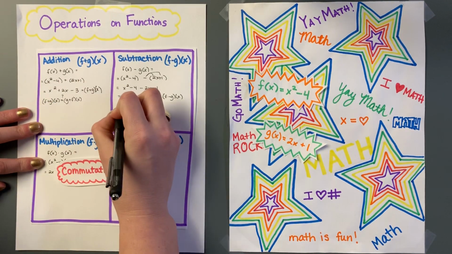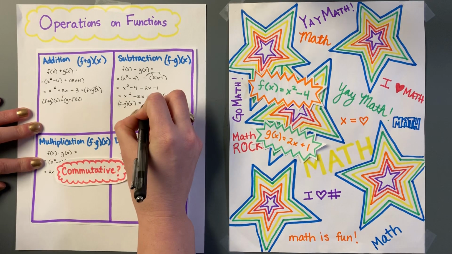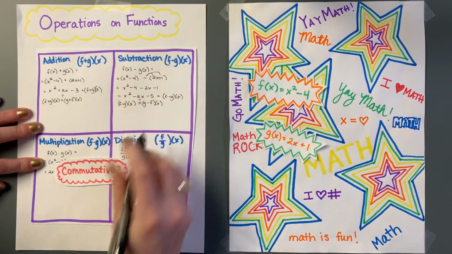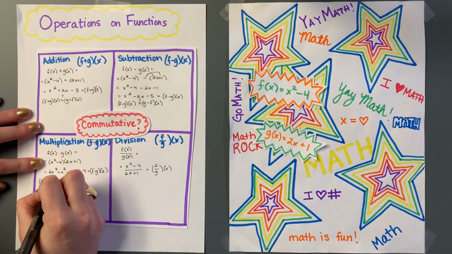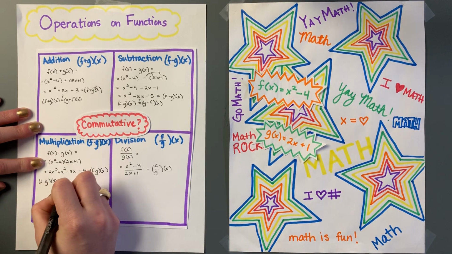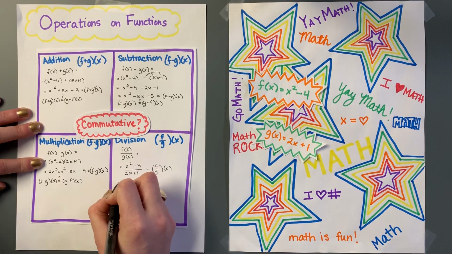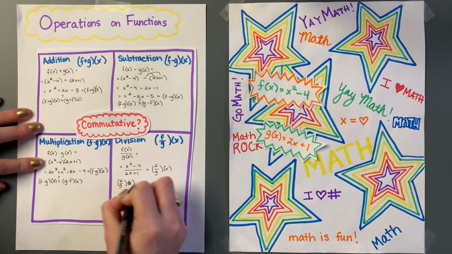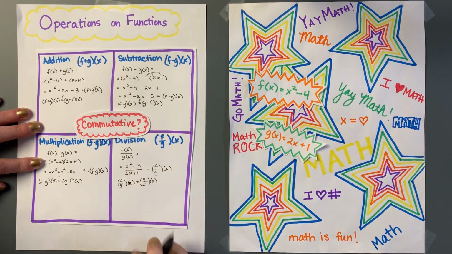Is f minus g of x equal to g minus f of x? Is f times g of x equal to g times f of x? Is f over g of x equal to g over f of x?